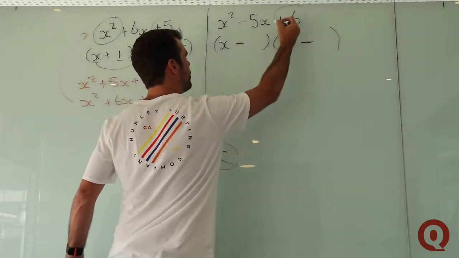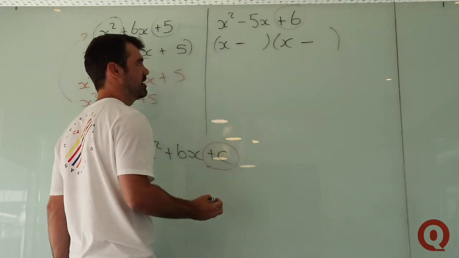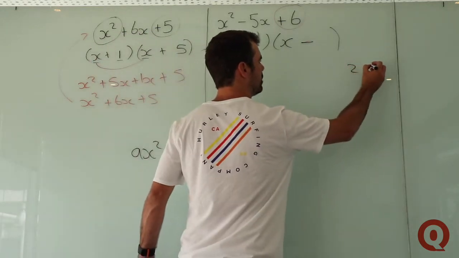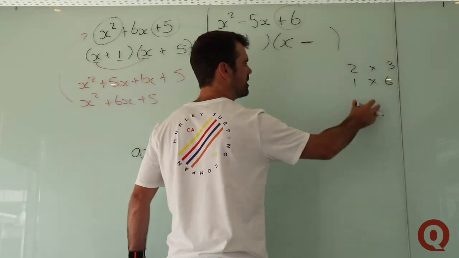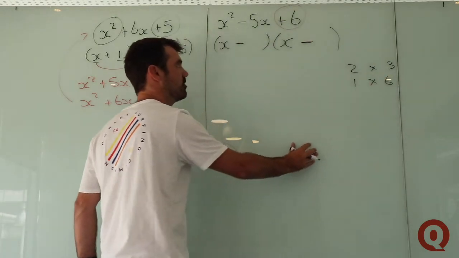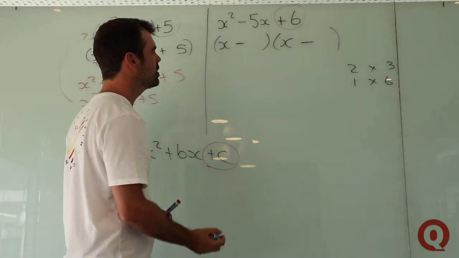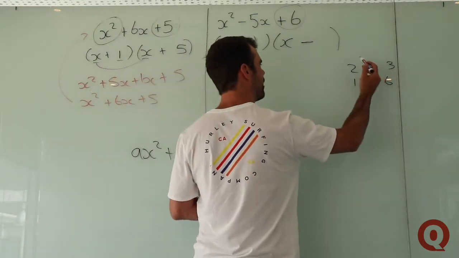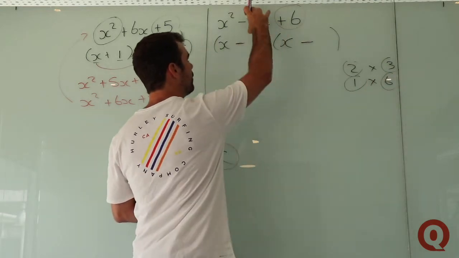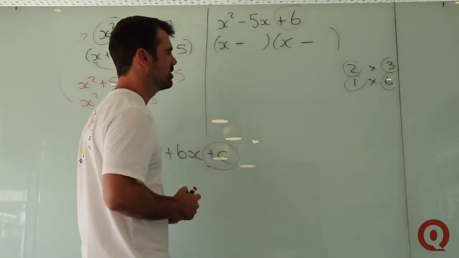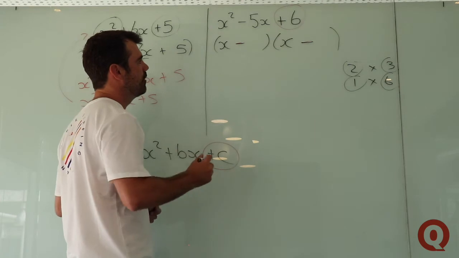And how am I going to make 6? Well, I've got 2 times 3, 1 times 6, and then vice versa, 3 times 2 and 6 times 1. But which of those, when added together, will give me 5? Now, not just 5, but a negative 5.